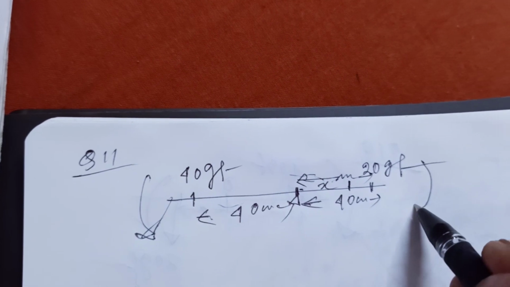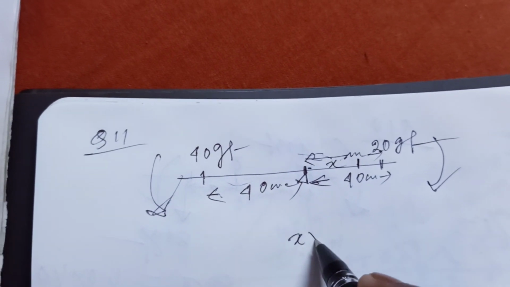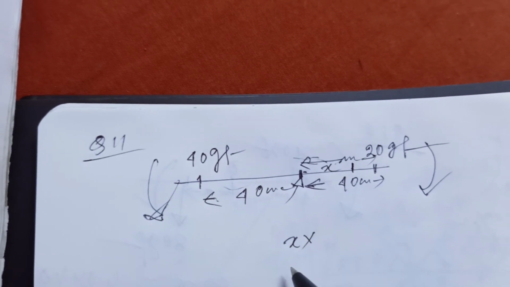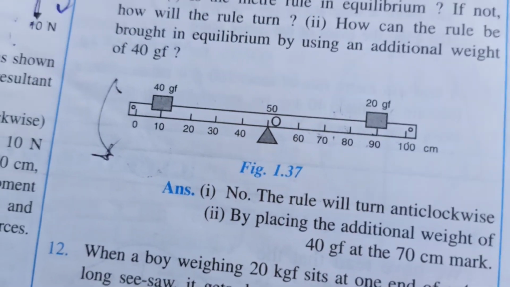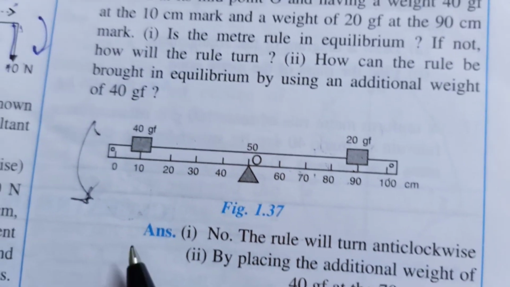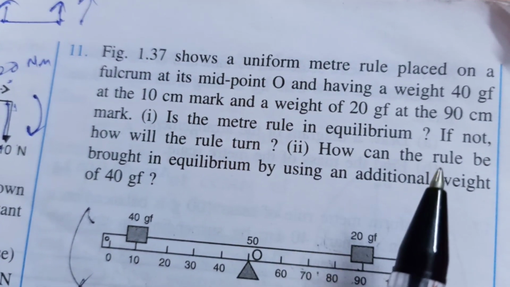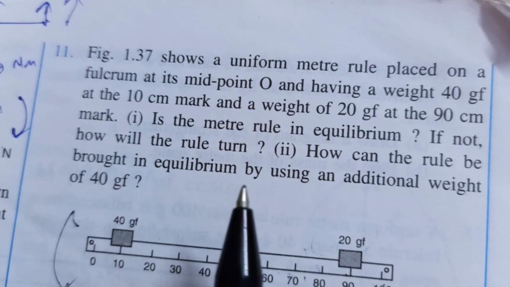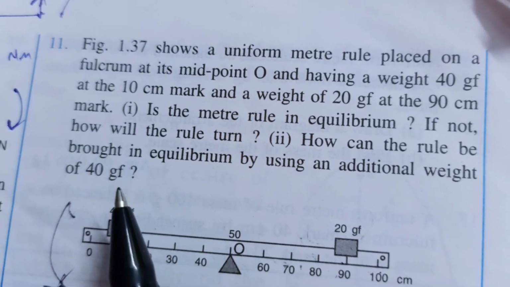So this is the clockwise side. The question is how the rule can be brought into equilibrium using an additional weight of 40 gram force.